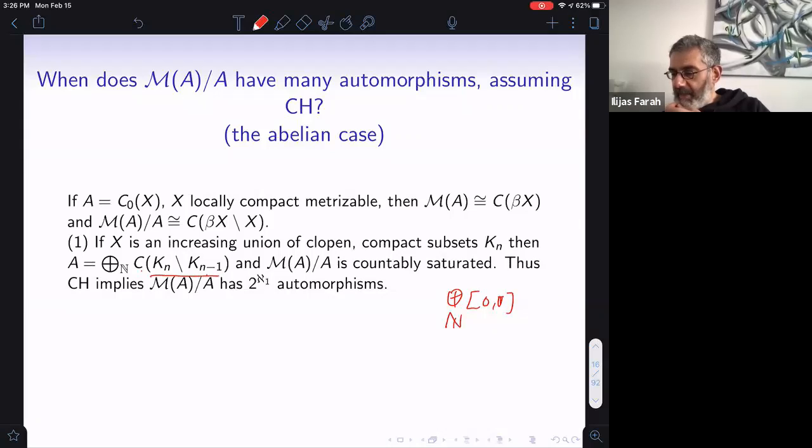You see, because K_{n-1} is both closed and open, this is a closed set. So A is a direct sum of countably many unital C-star algebras. And therefore the corona, M of A mod A, is countably saturated. Again, the continuum hypothesis implies that it has many automorphisms.